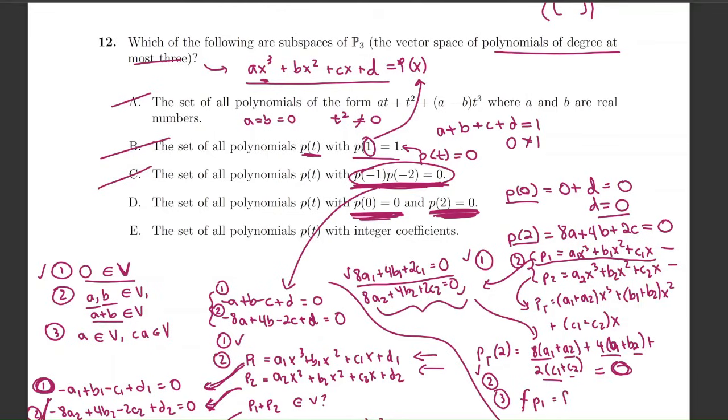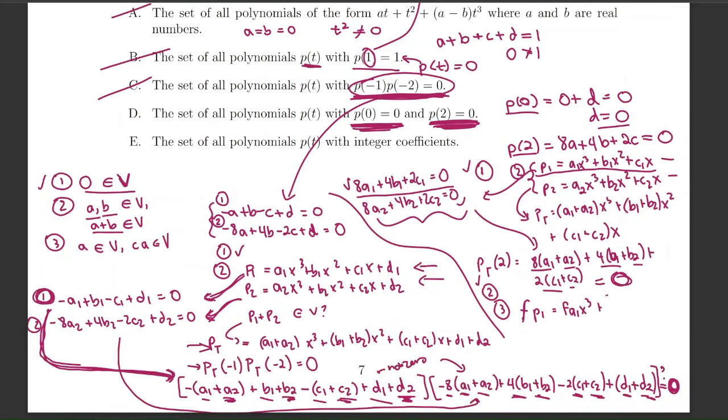That gives me f(a1) x cubed plus f(b1) x squared plus f(c1) x.